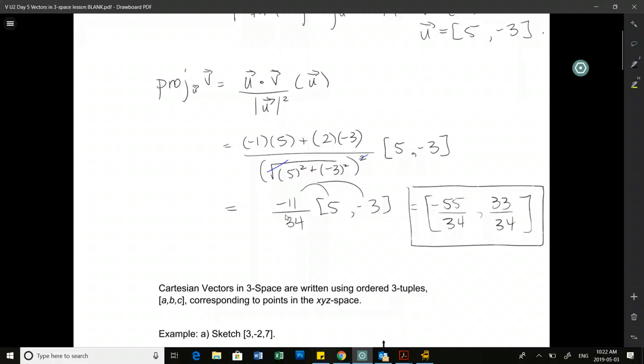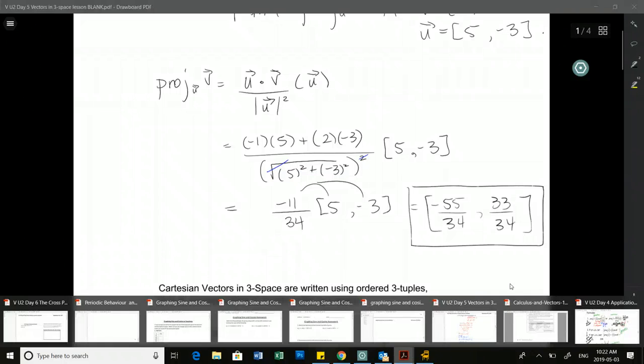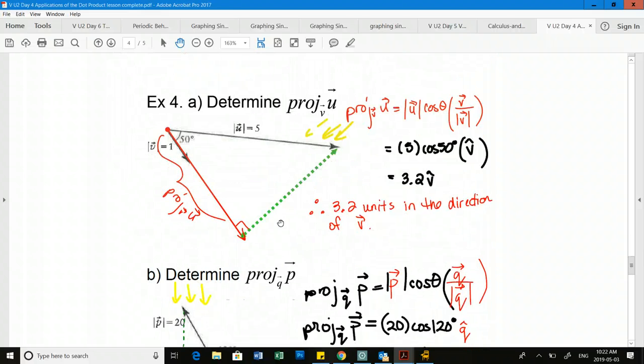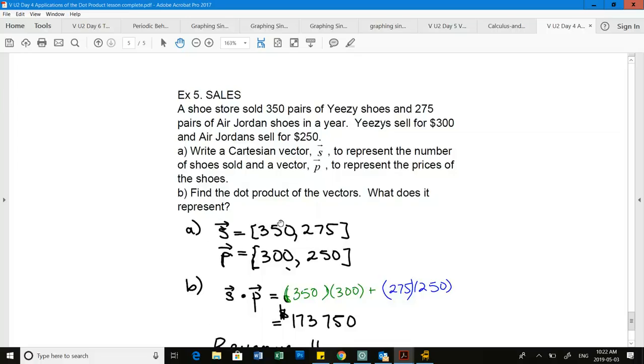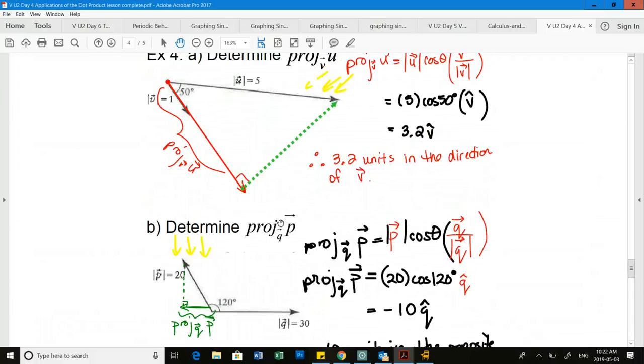Olivia: When do we need to look at which quadrant it's in to figure out if it's negative or positive? So I'll just slide over to an example from yesterday. Did we have to decide on that yesterday, or was that a couple days ago? I think it was a couple days ago.